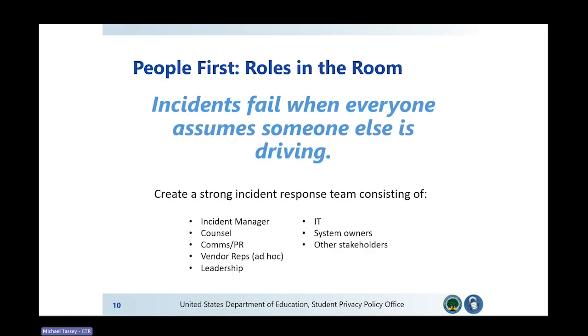And super important, make sure that leadership is present, whether that is a member of leadership sitting in with the incident response team or one of their delegated representatives being there to represent leadership in the team, for the need to make quick decisions and to ensure that information is not delayed flowing up to leadership.